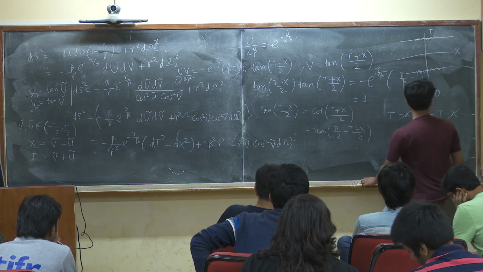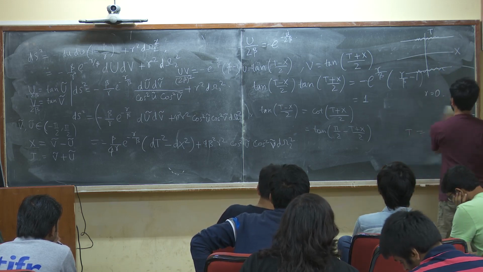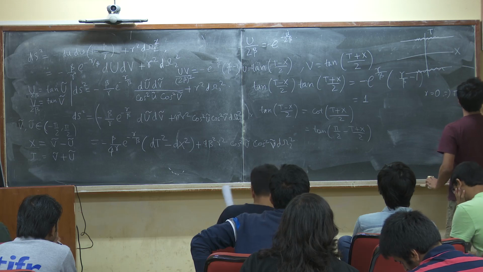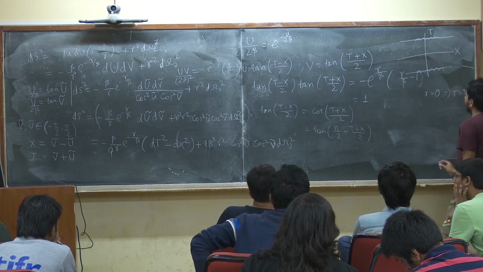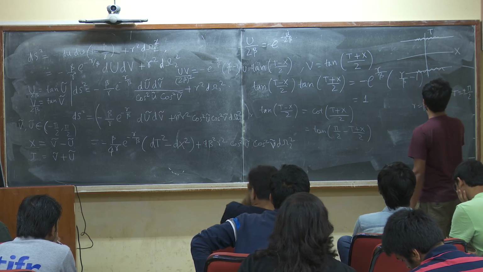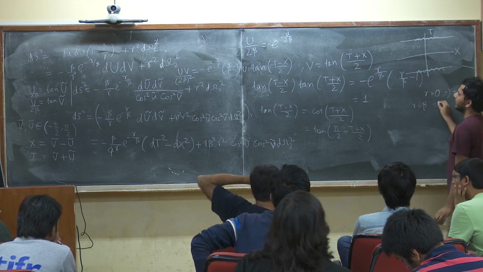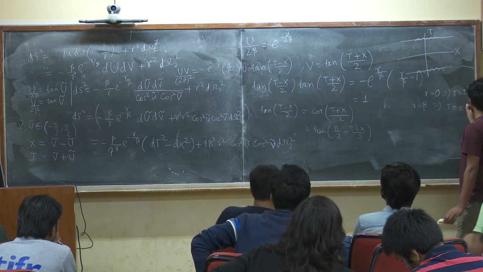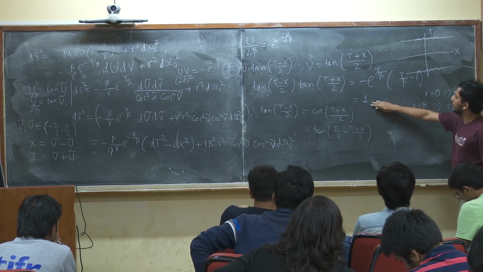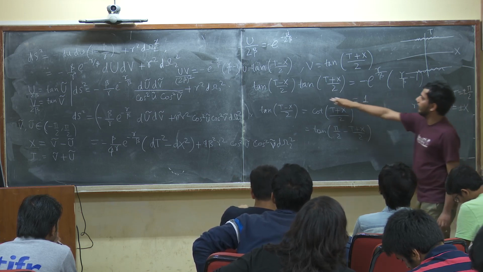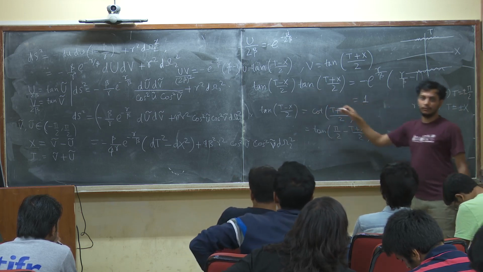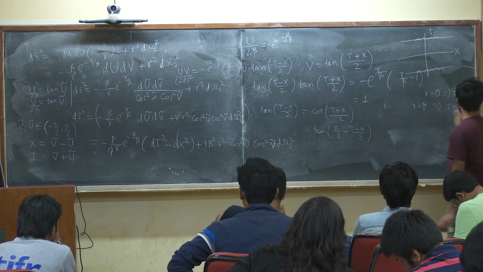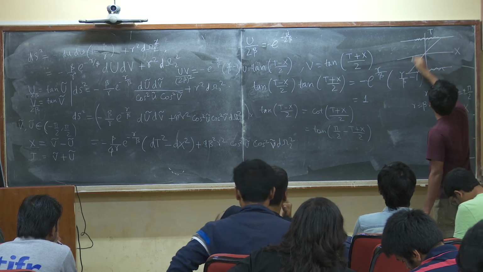And r is equal to beta means it is simple that t is plus minus x, because then either u or v is 0, so you will get these two lines.